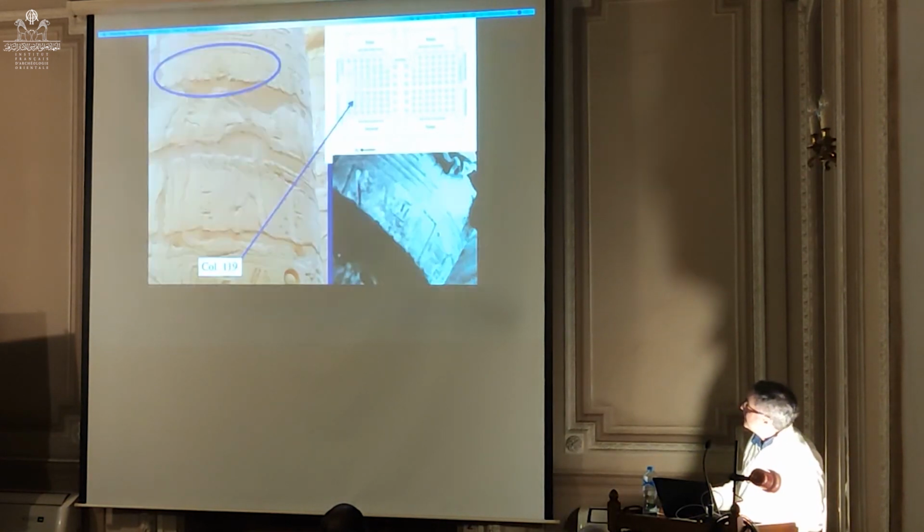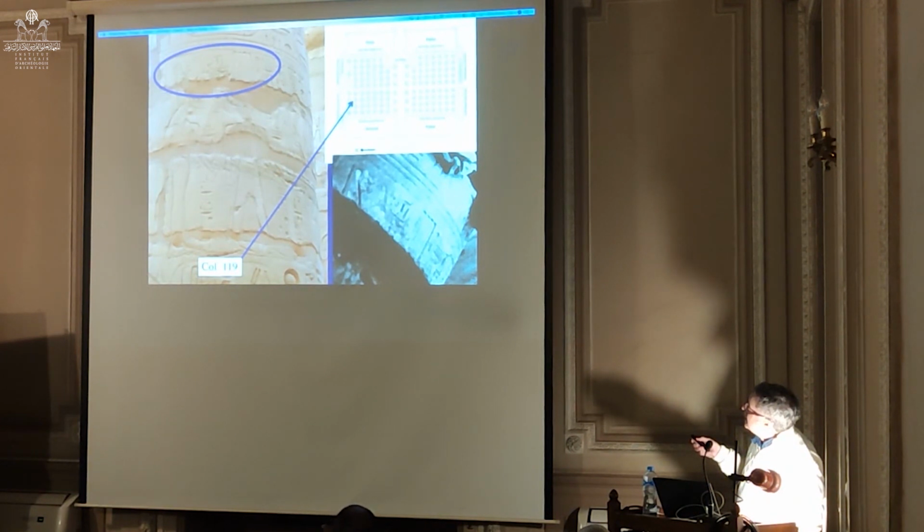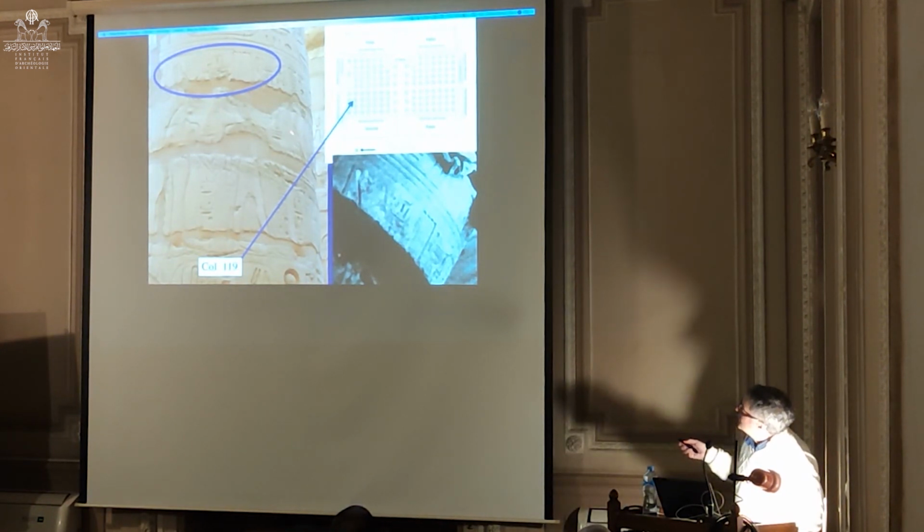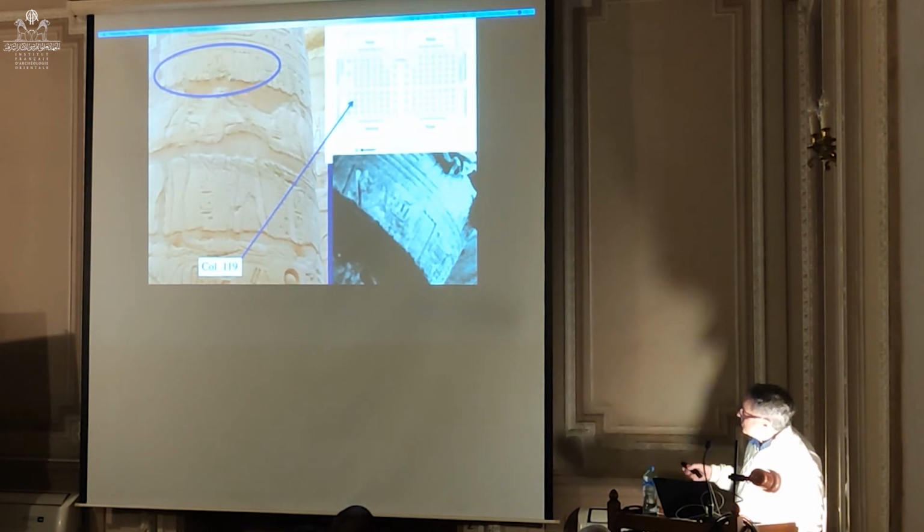Now this column today is standing actually here. On column 119 right now, instead of here, you have exactly the same type of crown for Shu Onuris, and you have the same exact inscription over here.